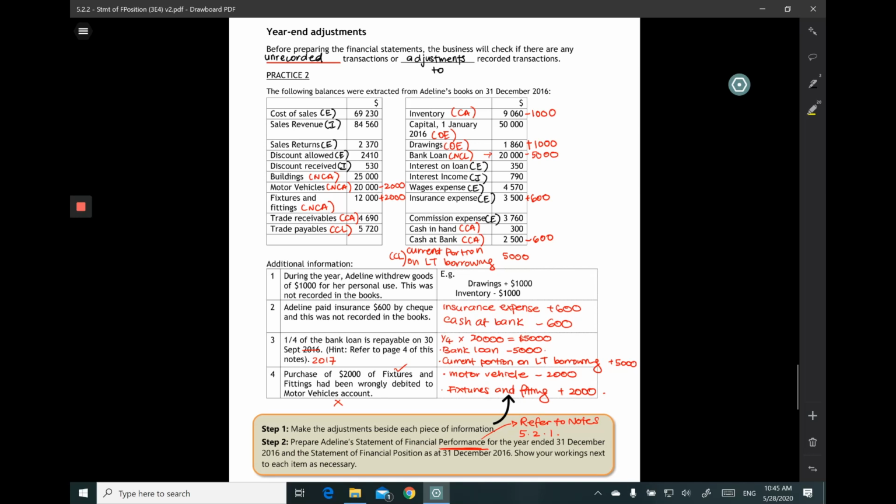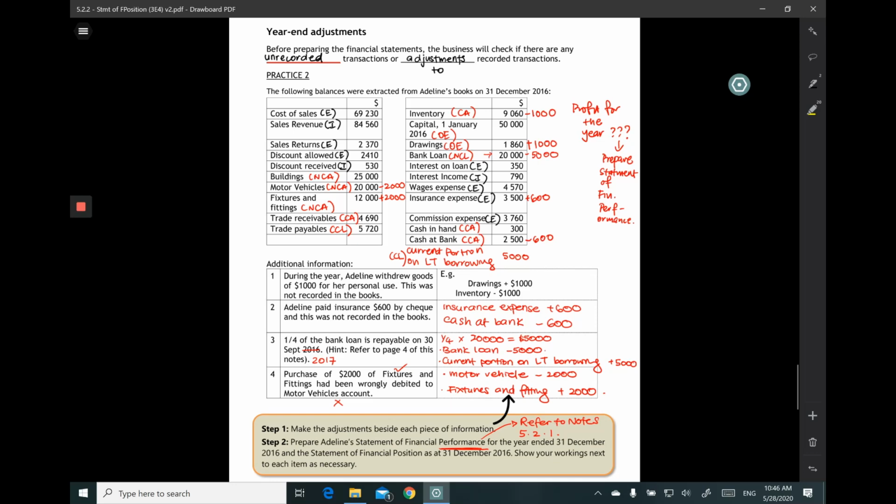Because at this stage, your profit for the year is still an unknown. You need to prepare your statement of financial performance, then you can find out your profit and you can transfer it to your statement of financial position.